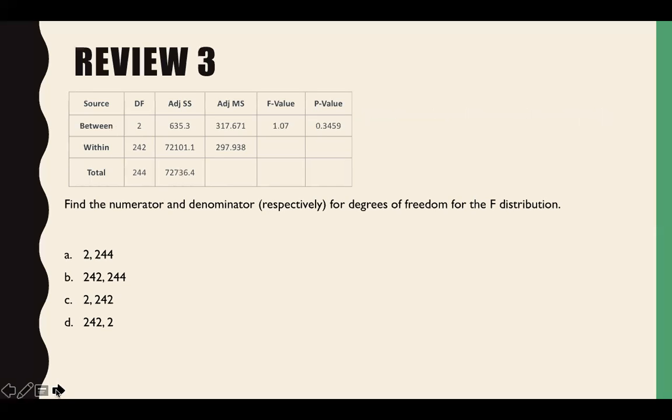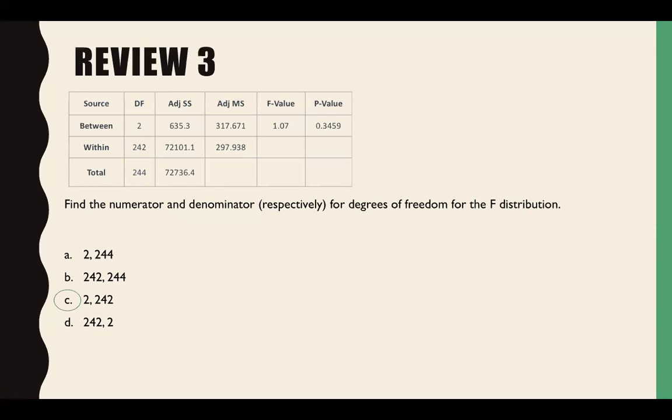Find the numerator and denominator, respectively, for the degrees of freedom for the F distribution. Okay, if you didn't get your answer, you can take a moment and pause it. I'm going to go over the answer now. The answer is C, 2 and 242. The way I wrote it was just to identify the 2 degrees of freedom: the first number is the between, and the second number is within.